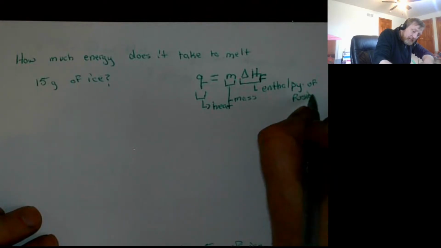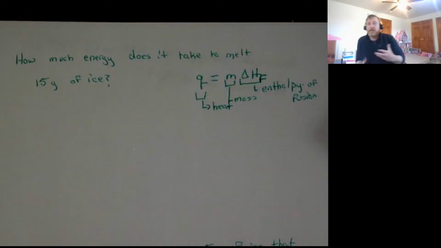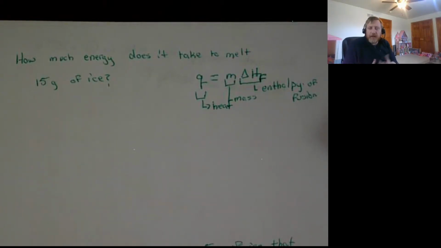And so we're going to call this delta H sub F, or the enthalpy of fusion. Now, that's a number that's just independent for different substances, and it's kind of similar to that C from our Q equals MC delta T formula, C being the specific heat capacity. That was different for every substance. Delta H is like that too. It's different for every substance, and it's different for whether we are melting that substance or whether we are vaporizing that substance.